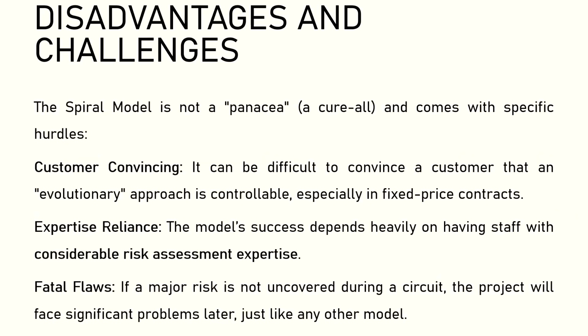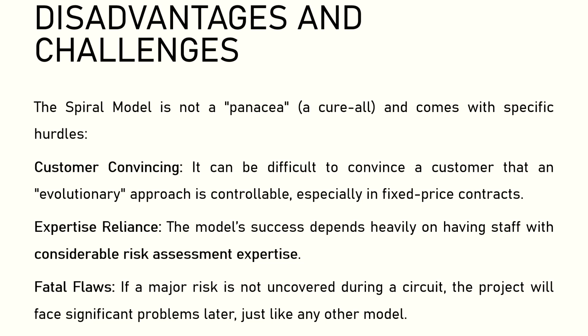And then finally the disadvantages and the challenges obviously. So the major disadvantages of the spiral model include customer convincing, the expertise reliance and the fatal flaws. Now, it can be difficult to convince a customer that an evolutionary approach is controllable, especially in fixed price contracts, because the software is continuously being evolved in different circuits.